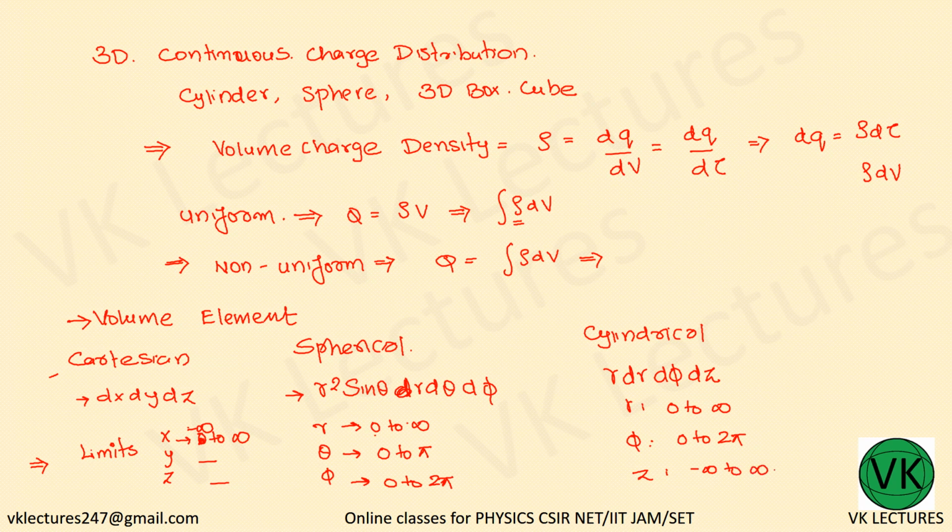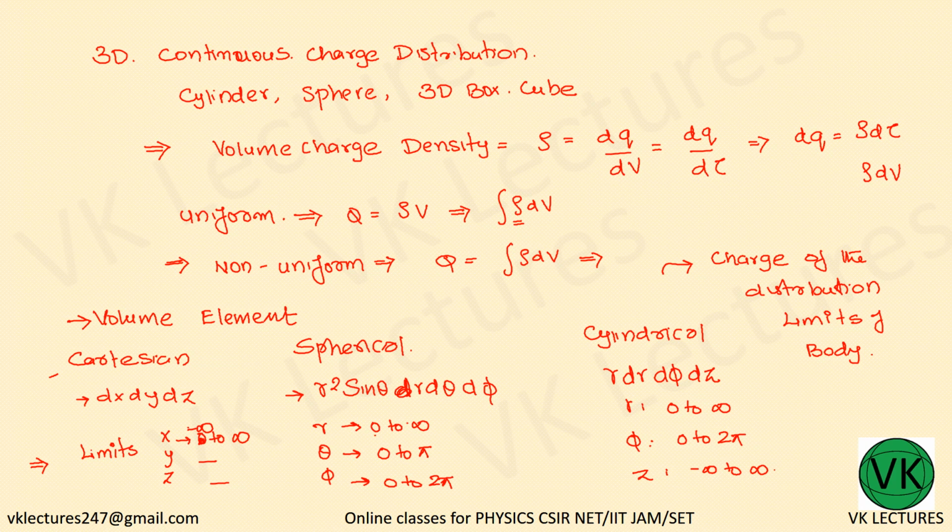So these are the limits. And when you are considering the charge of the distribution, one has to consider the limits of the body in which the charge is present.